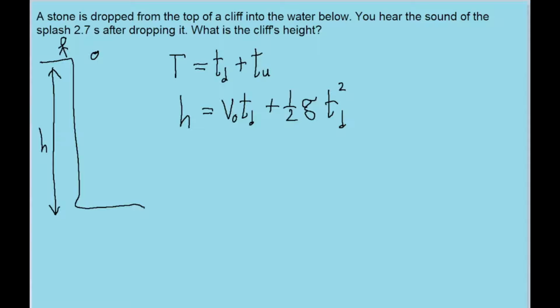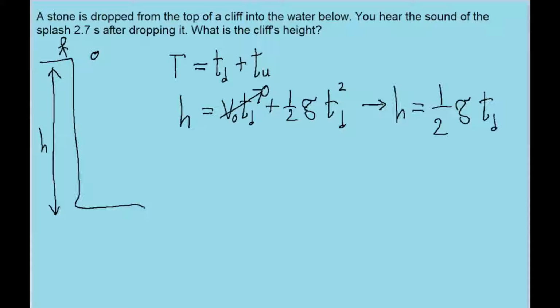So this is the second kinematics equation that's usually listed, the one for position. But because the stone is dropped, we can assume that the initial speed is 0, that it starts from rest, which means that h, the height of the cliff that we're looking for, is equal to 1/2 times g times the square of t_d.